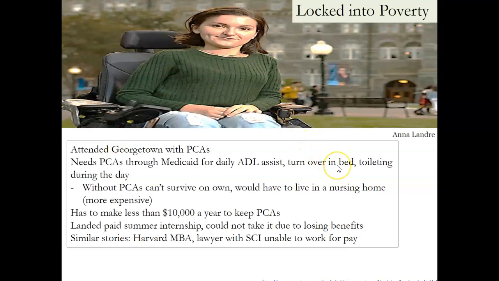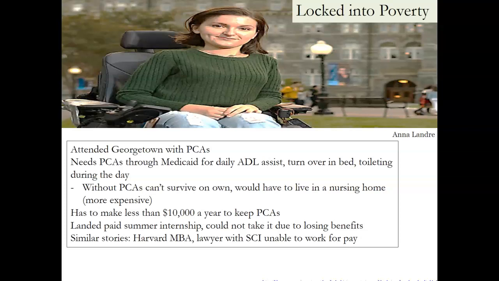Here's the case example. I talked about this idea of getting locked into poverty. This college student, Ann Landry, was attending Georgetown. She had PCAs, which are personal care assistants. She was wheelchair bound, cerebral palsy, a lifelong thing. She wants to be a lawyer. She's going to Georgetown. She has an undergraduate degree, very ambitious.